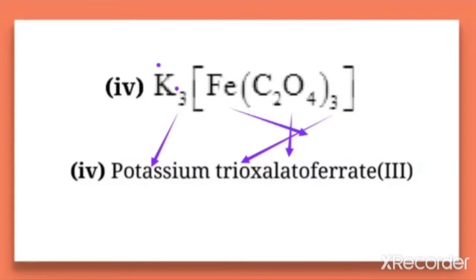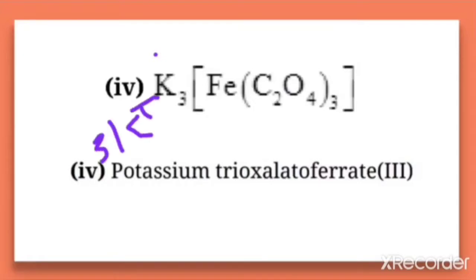Then we have to name the central metal ion, that is ferrate. And the oxidation number here is 3. Now, how is the oxidation number 3 here? Let us count it. How have we done the method? Just recall the method. Because it is a positive counter ion, when 3 positive, that is 3 K plus, is removed, it develops 3 negative charge here.